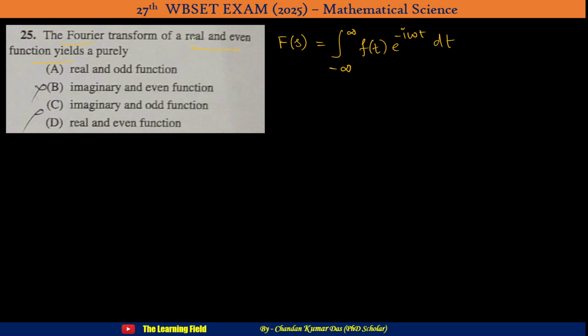Now it says that the function is real and even function. That means these functions f of minus t equal to f(t). Fine. This is the even function and real.